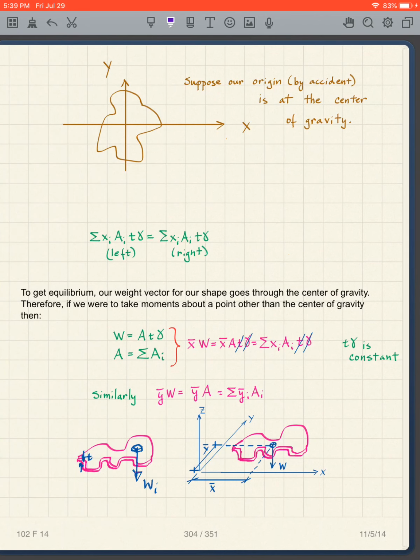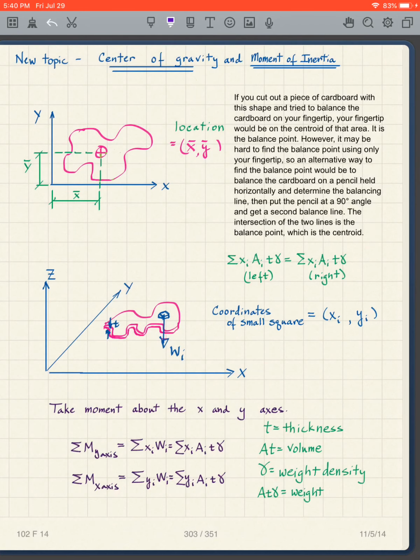And similarly, if I take y bar times W, then that's got to be equal to the sum of my yi wi.